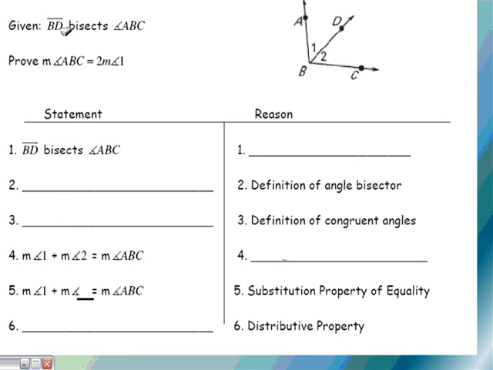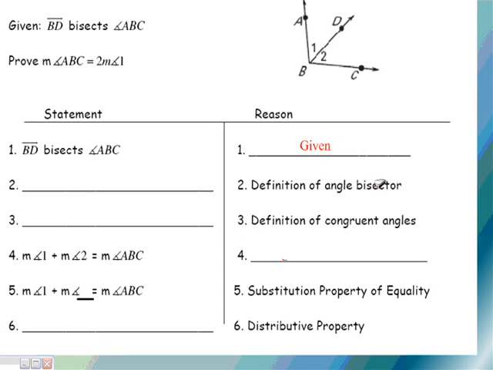And the piece of information that I'm given is that ray BD bisects angle ABC. So BD bisects ABC, that is my given. So I can write given down. Now, frequently when I see a statement like this, my very next step is going to be to write down definition of angle bisector. And that will be the reason.